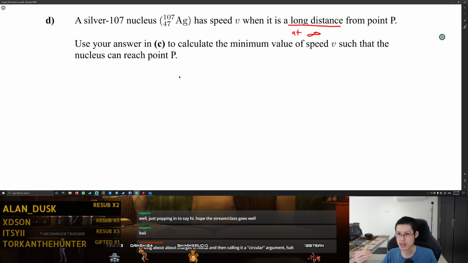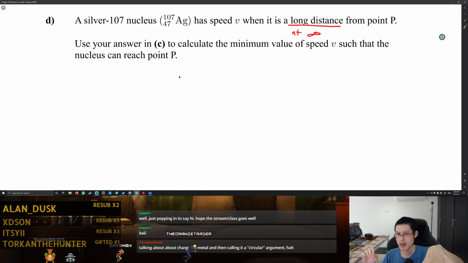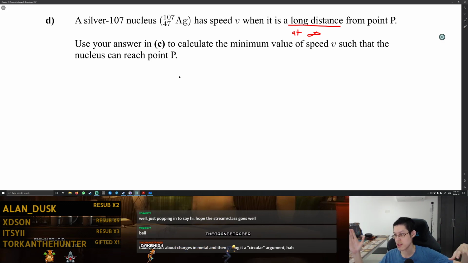So this is actually a conservation of energy kind of question because the resultant acceleration varies, right? Because the force depends on the distance between the point P and the nucleus.